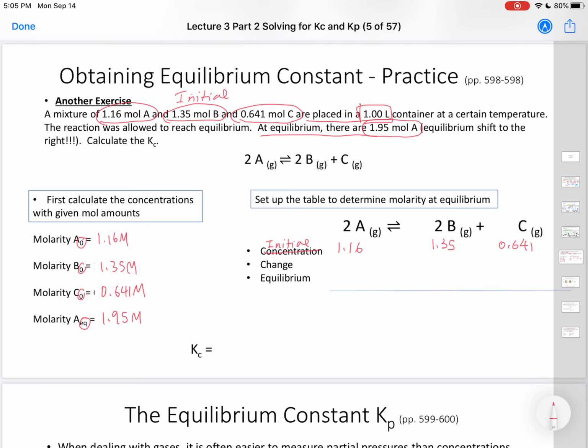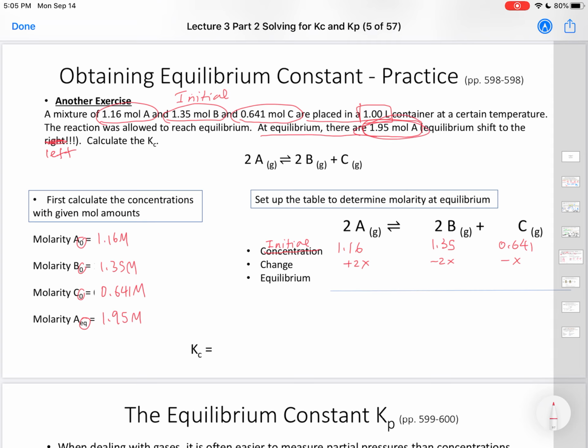And since it is a shift to the right, okay. Sorry, it is a shift to the left, my bad. It is shifting more towards the left, to the reactants, okay. So really we're going to say this is plus 2x, sorry. Okay, this is minus 2x, and this is minus x, okay.